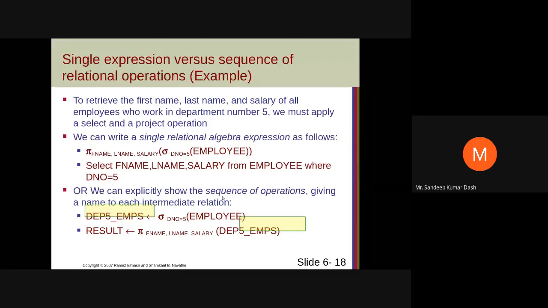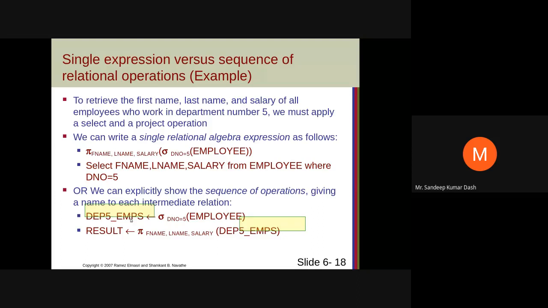In this case, the thing which you wrote here can be expressed in terms of multiple operations. The first operation is selecting the rows, which you can term as the result, department 5 underscore employee.